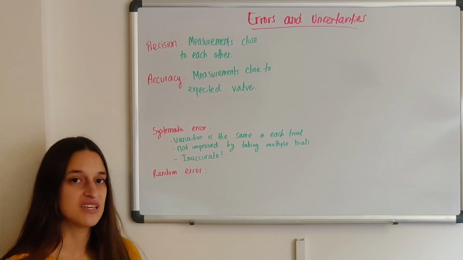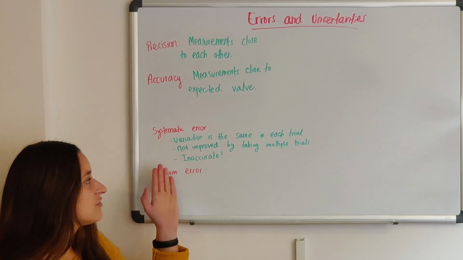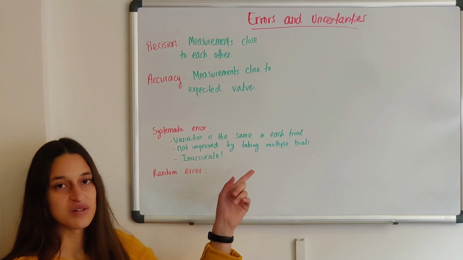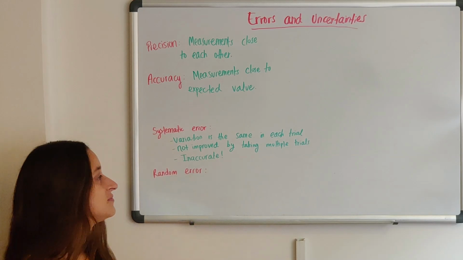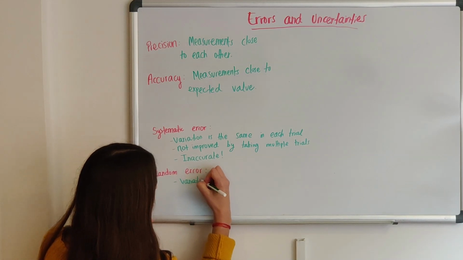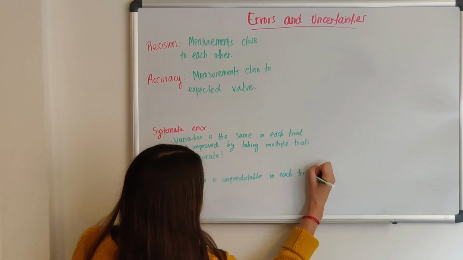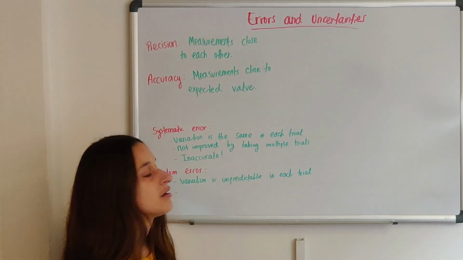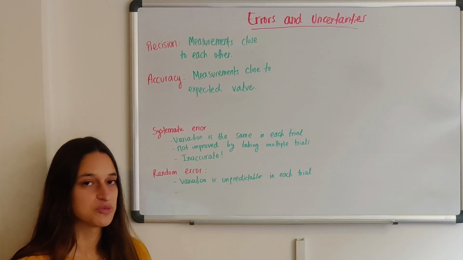There's another type of mistake called random error. As its name suggests, the variation is not the same anymore, but it's random and unpredictable in every trial. In this case, it does get better if you take multiple trials.